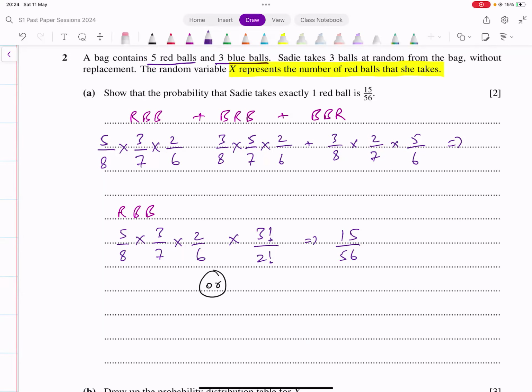So you can also think of it like this, that since you want exactly 1 red ball, you say out of 5 red balls, select 1 red ball, 5C1. And out of 3 blue balls, select 2 blue balls. These are your favorable outcomes, the outcomes that satisfy the given condition. Okay, that out of 5 red balls, you want to select only 1, and out of 3 blue balls, you want to select 2.